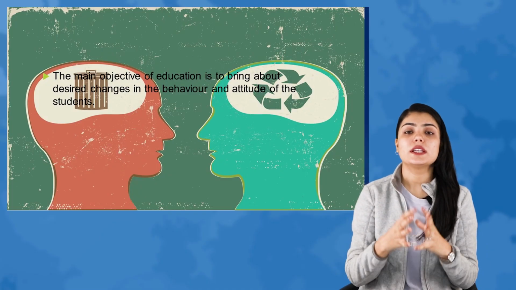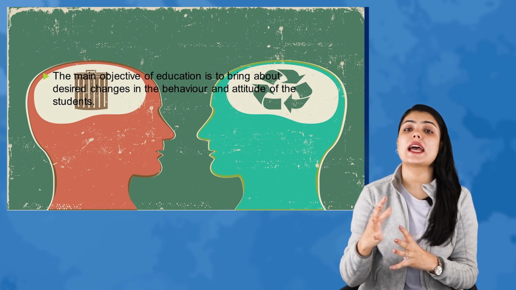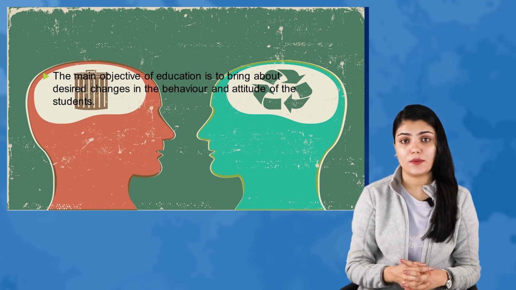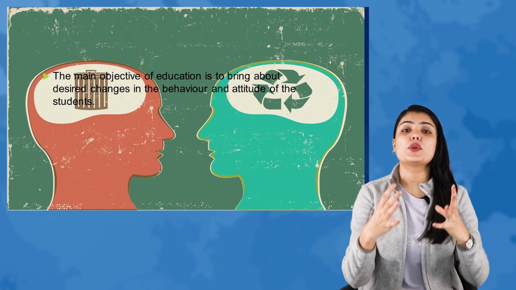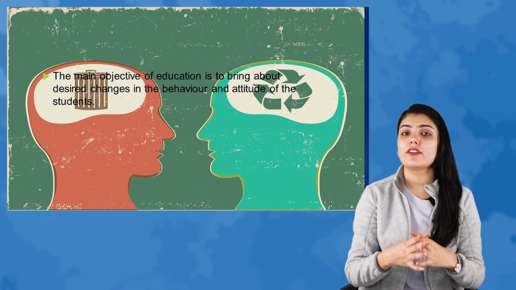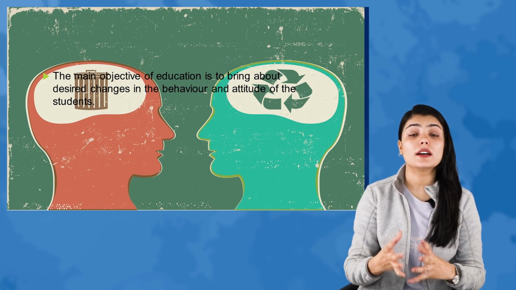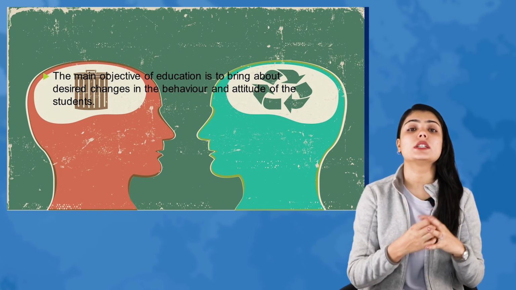Now, as we have been discussing from the 5th unit, the main aim of education is to bring about desired changes in the behavior and attitude of an individual, right? So we provide education to the individual to make sure that they learn skills and behavior and bring changes in the behavior or attitude which was learned earlier.